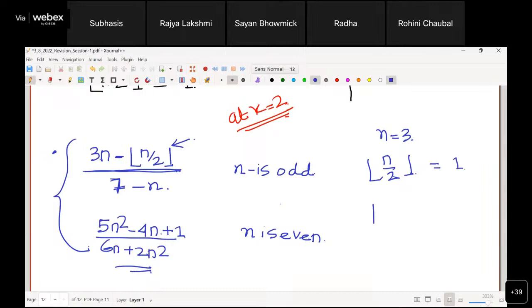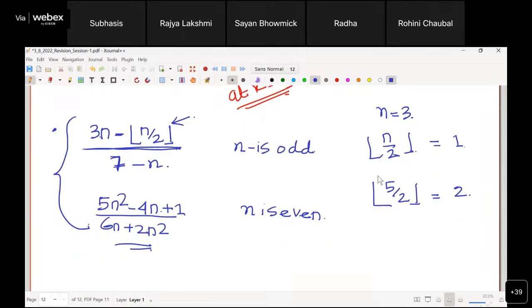And if you have 5 by 2, then what you will get? It's 2.5, so 2, right? So as you can see, this is precisely n minus 1 by 2, right?